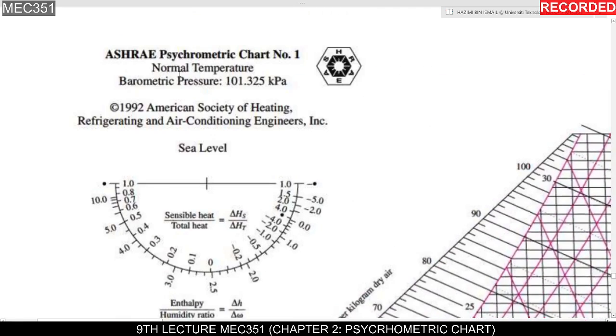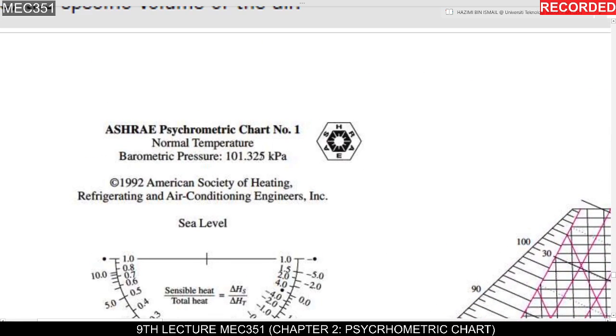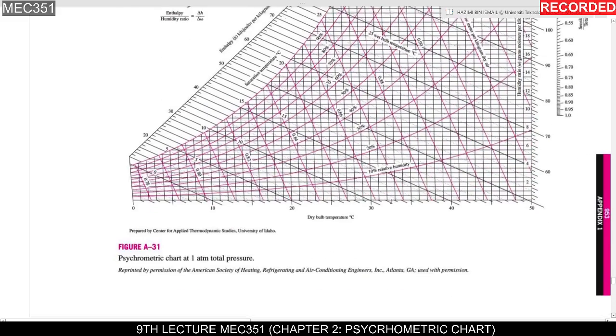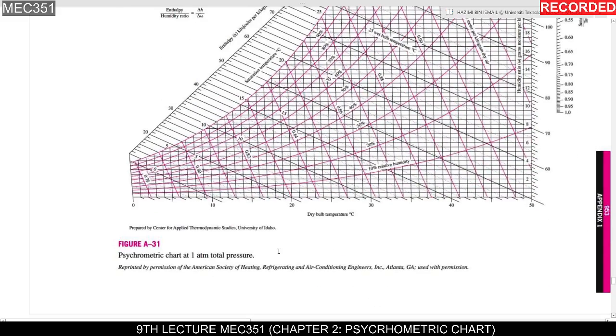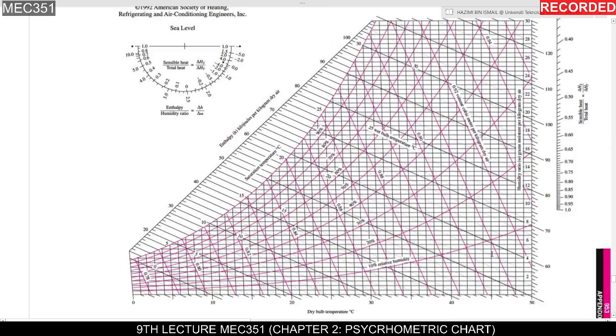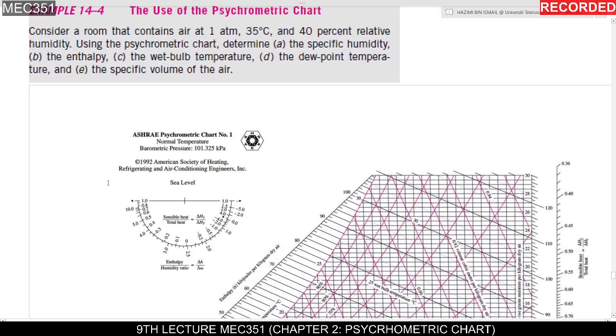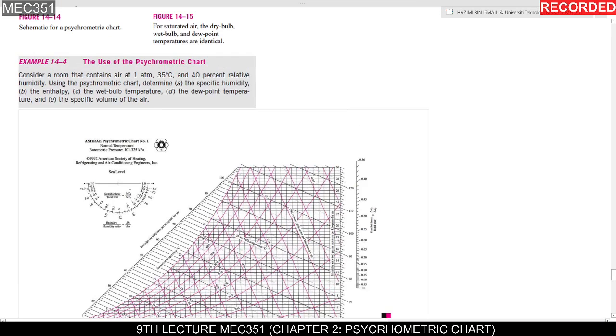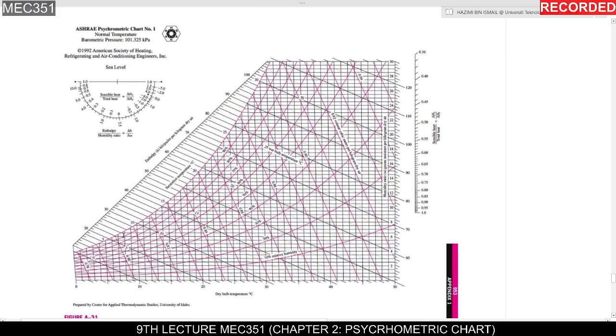If you see at the top left corner here, this is the chart that I extracted from psychrometric chart number 1, from our textbook, Thermodynamics: An Introduction, by Cengel. You can find it in our Google Classroom, I already put it in there. You can download it and use it, and you must use this psychrometric chart for our lesson today.